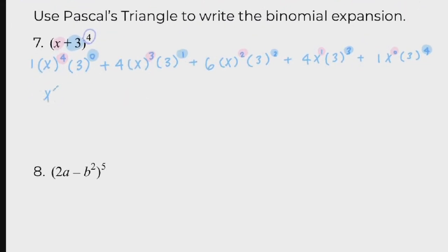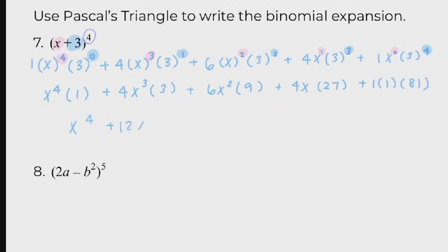So that'll be x to the 4th times 1, since 3 to the 0 power is 1. 4x cubed times 3 plus 6x squared times 9 plus 4x times 27 plus 1 times 81. And then we'll want to simplify this, so that'll be x to the 4th plus 12x cubed plus 54x squared plus 108x plus 81.